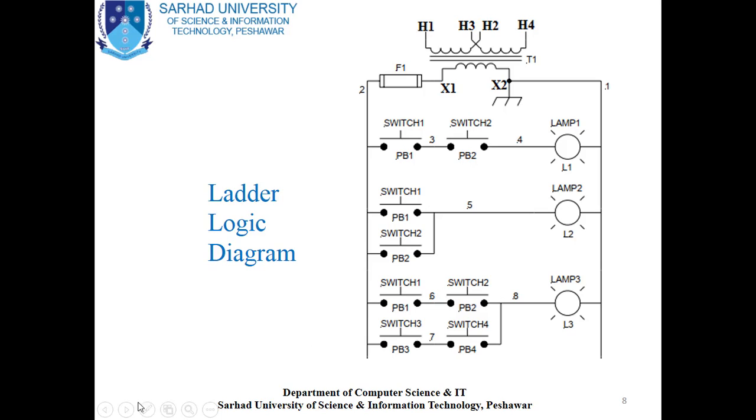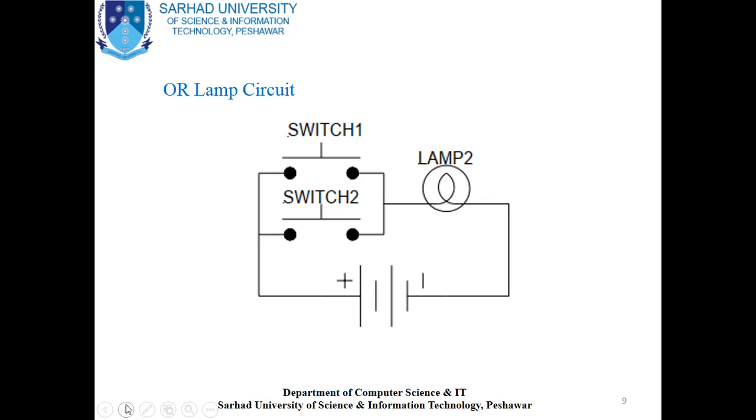Switching to the next slide. Here you can see the circuit diagram of the OR lamp circuit. Here you can see switch 1 and switch 2 which are connected with lamp 2.